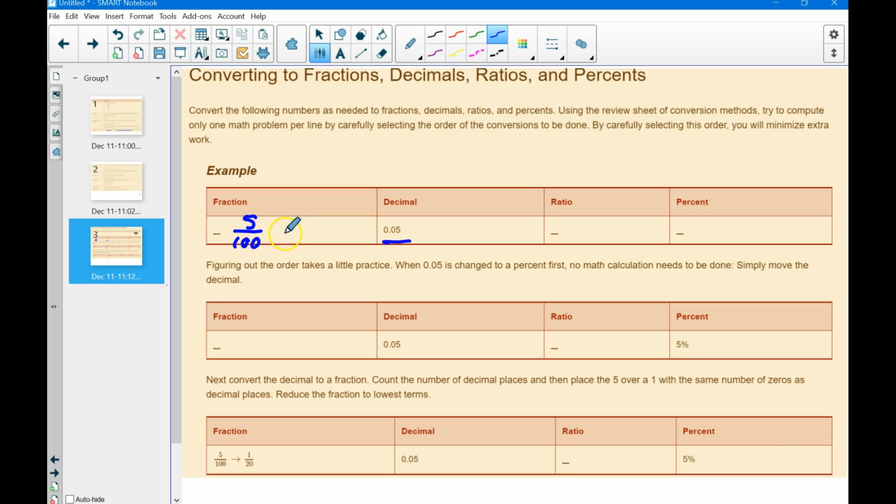And then when reducing, as a fraction it would be 1 over 20. Because once we have the fraction, the ratio is easy, 1 to 20. And as a percent, it's easy, because we take the decimal places to the right, and it's 5%. So it seems like a lot of different things, but it's not that bad when you really sit down and say, all right, this is how it all fits together. Awesome.